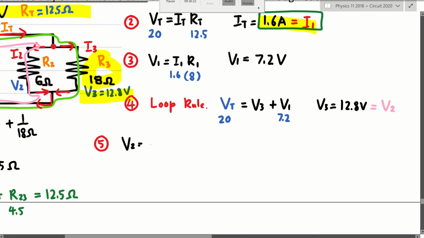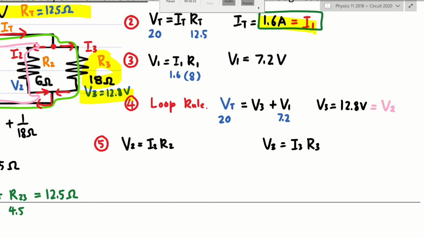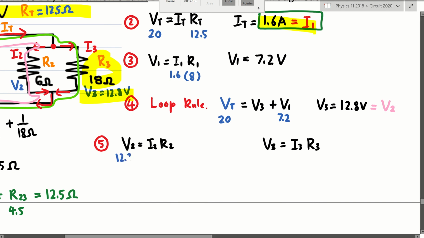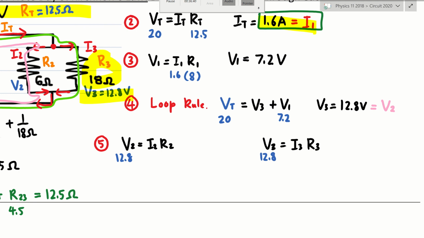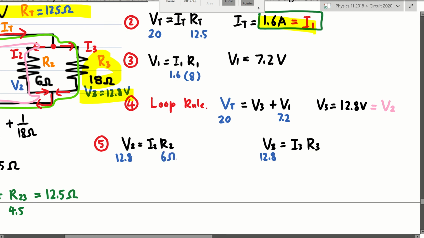So V2 is I2 R2. V3 is I3 R3. Ohm's law, right? On both. Now, V2 and V3 are both 12.8. So 12.8. R2 and R3 are given in the question. R2 is a 6 ohm resistor and R3 is an 18 ohm resistor.